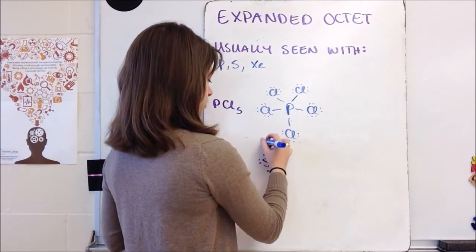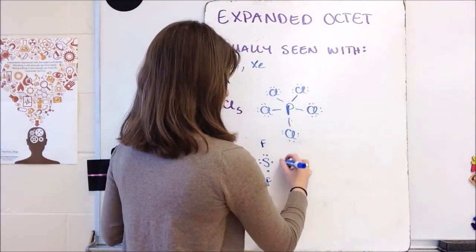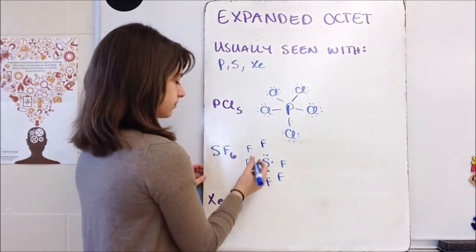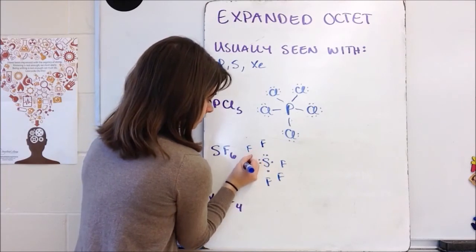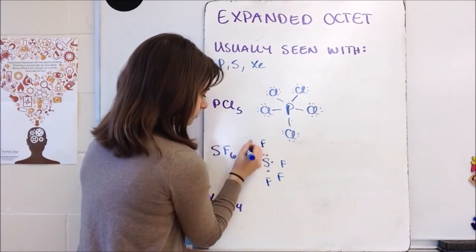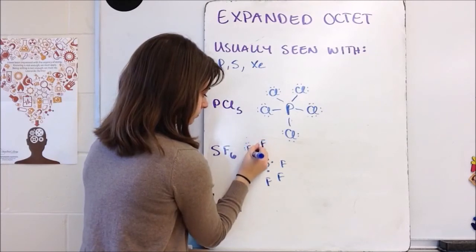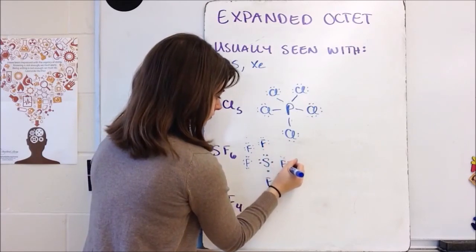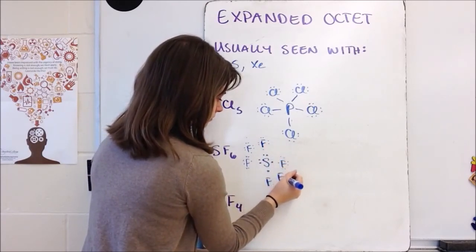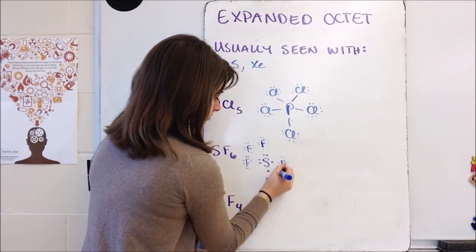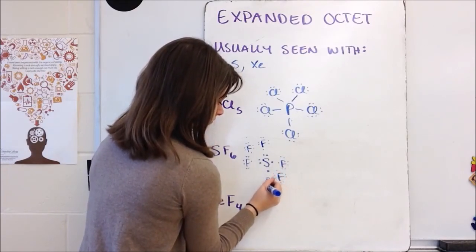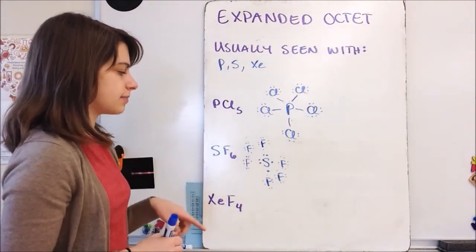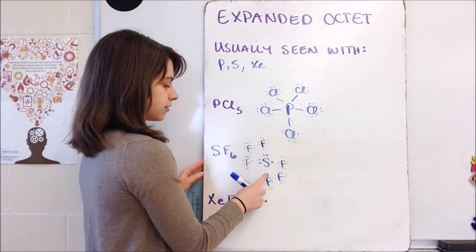And so we have 6 fluorines. So 1, 2, 3, 4, 5, 6. And each fluorine has 7 valence electrons. And so each of the single electrons on fluorine is going to bond with an electron from sulfur, even the ones in the pairs.